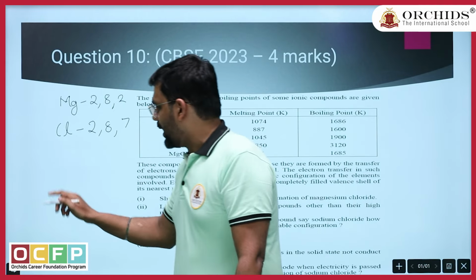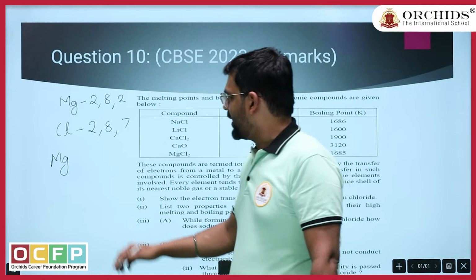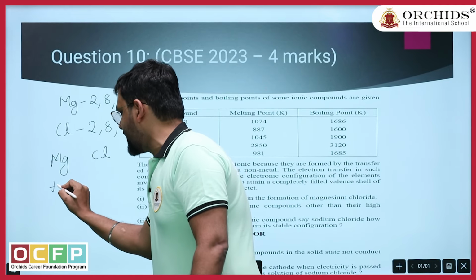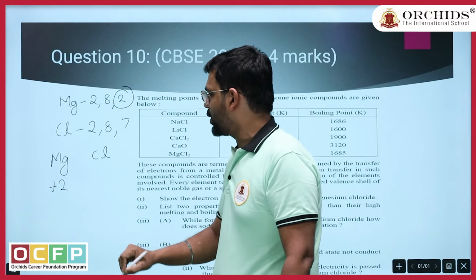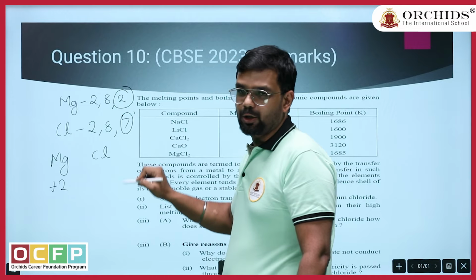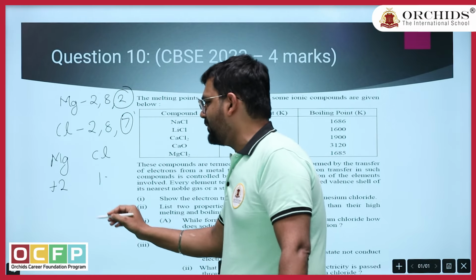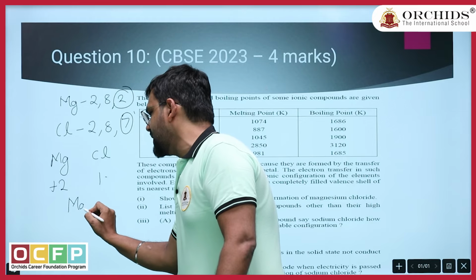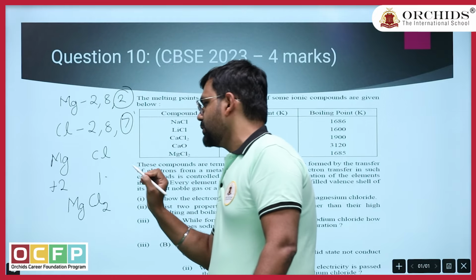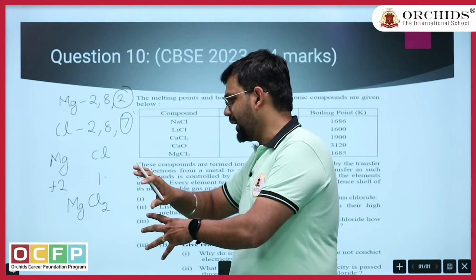So what are the valencies of magnesium and chlorine here? Mg is +2. You can see it can lose 2 electrons, while chlorine, in order to attain stability, can gain 1 electron, right? So this has 1 minus. The crisscross method again we will use, and what we will get? MgCl2. So this is the chemical formula of the compound.